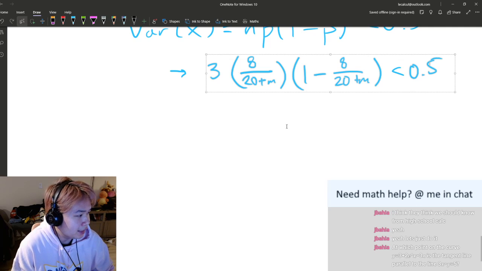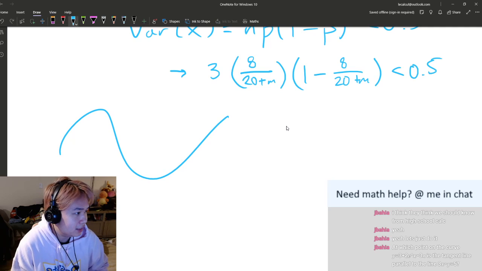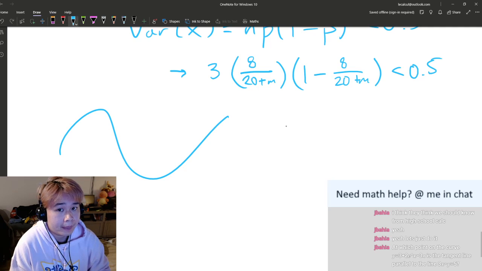At which point on this curve is the tangent parallel to this other line? Okay, so then you have some graph, right? And then you have a line. And it doesn't matter where the line is, so I'm just going to draw it here.